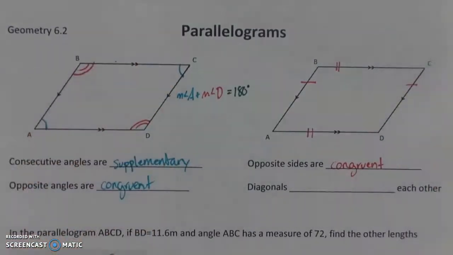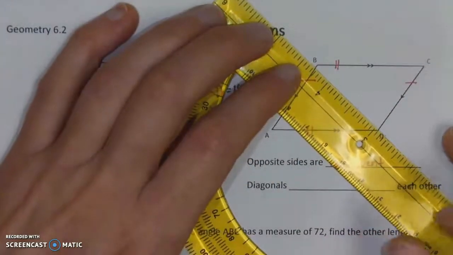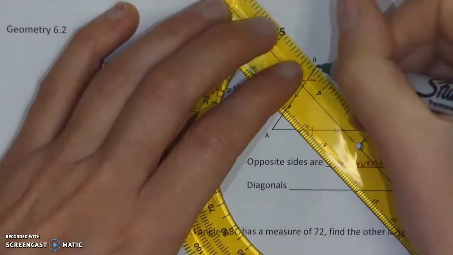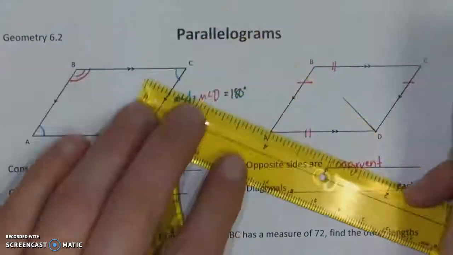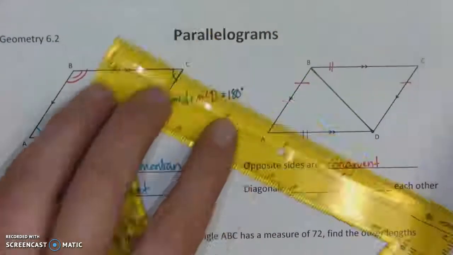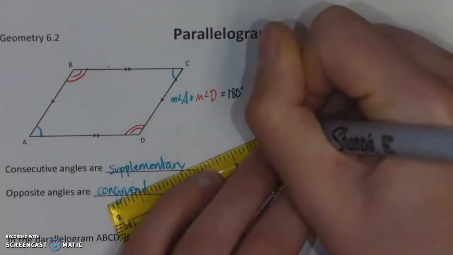But that's not all. We actually can also find something out about the diagonals. So if I draw in my diagonals here, which is just connecting vertices that are not consecutive, and I connect these to each other, I end up with two diagonals.